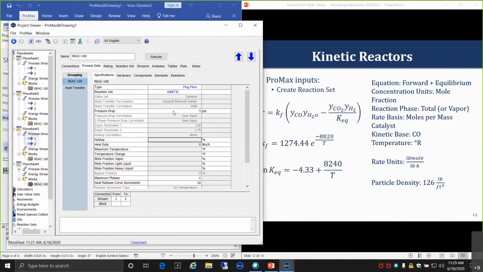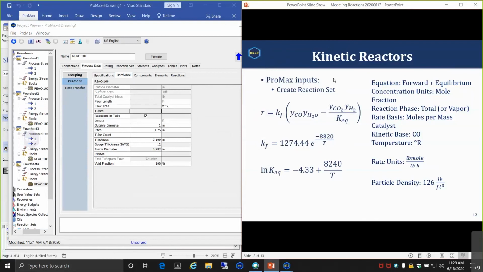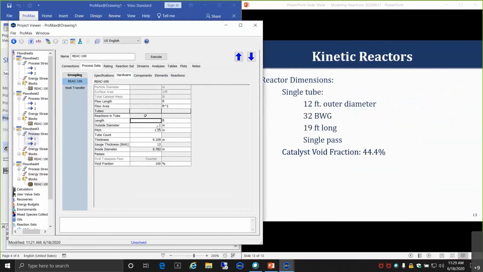Now, because this is done using reaction kinetics, the amount of conversion is going to be dependent on the residence time. So the residence time has to be determined. To determine the residence time, we have to input information about the size of the reactor. So in this particular case, we have a 19-foot long tube that is 12 feet in diameter.